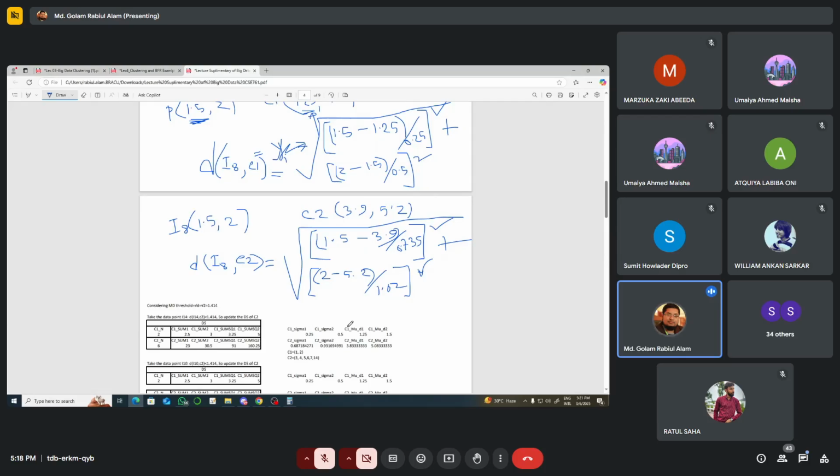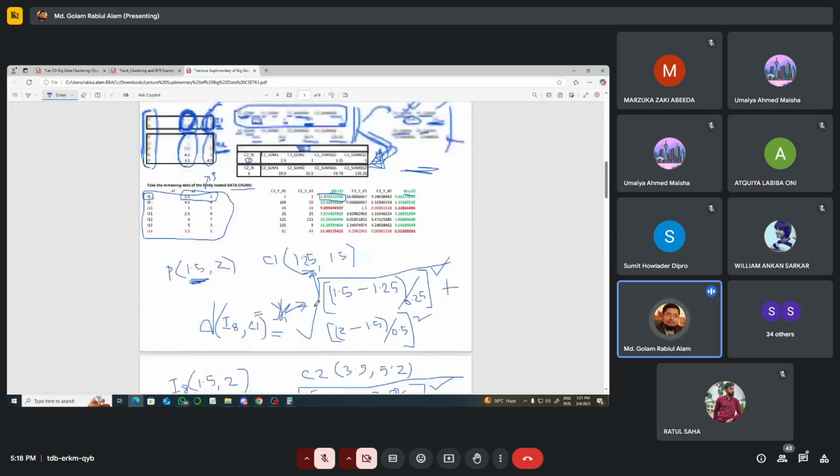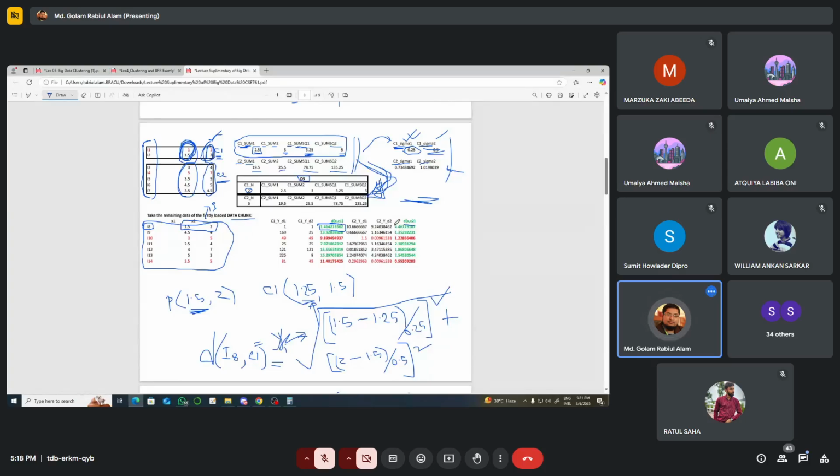Then we will get the D. This is how we can calculate this distance.